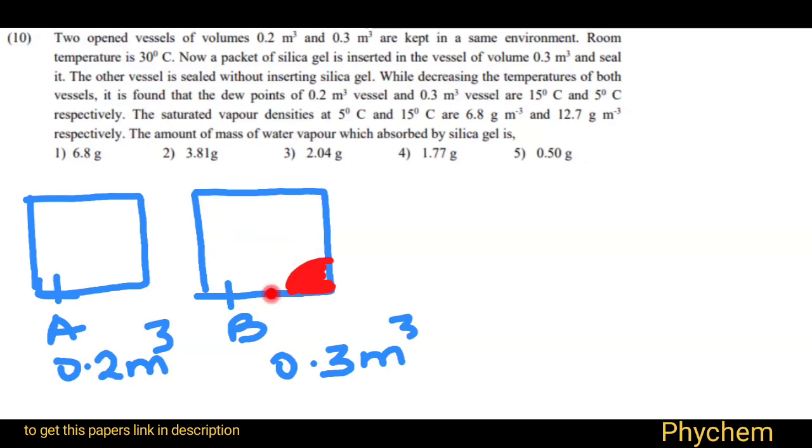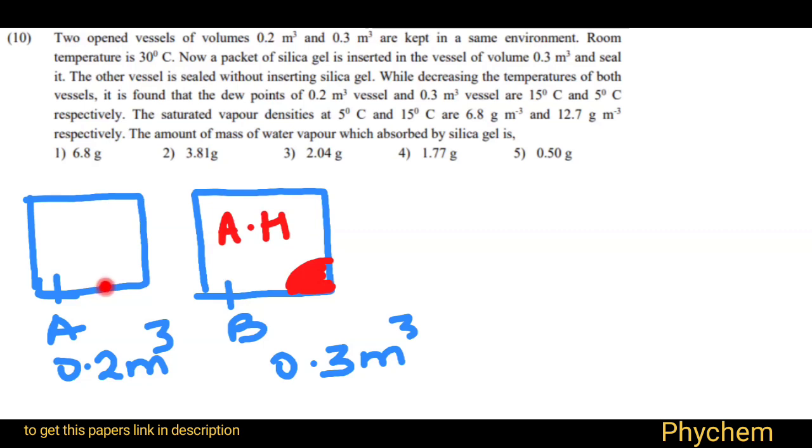Initially the absolute humidity in both containers is the same, since they are in the same environment. But after adding silica gel, which tends to absorb water vapor, B will experience a low absolute humidity inside, while A still experiences the initial absolute humidity.